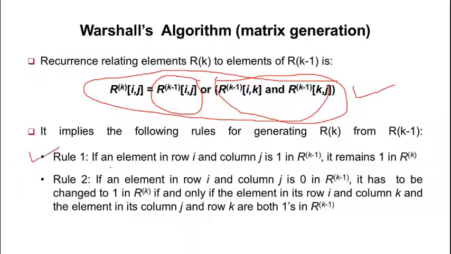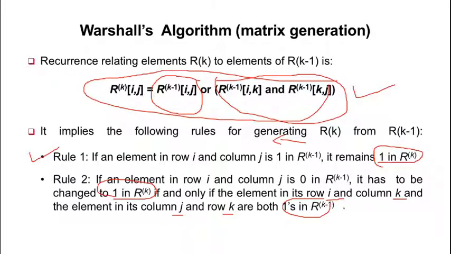The first rule: if an element in row i and column j is 1 in R^(k-1), the previous matrix, it remains 1, so we maintain 1. Rule number 2: if an element in row i and column j is 0 in R^(k-1), it has to be changed to 1 if and only if the element in row i and column k and the element in column j and row k are both 1.